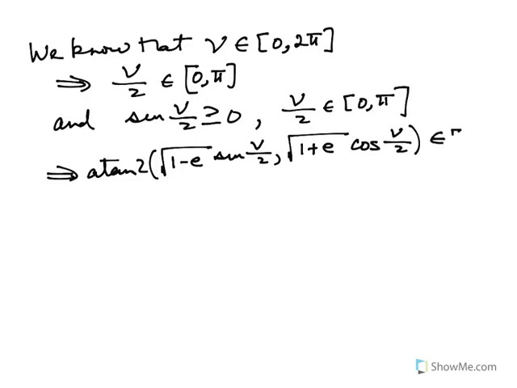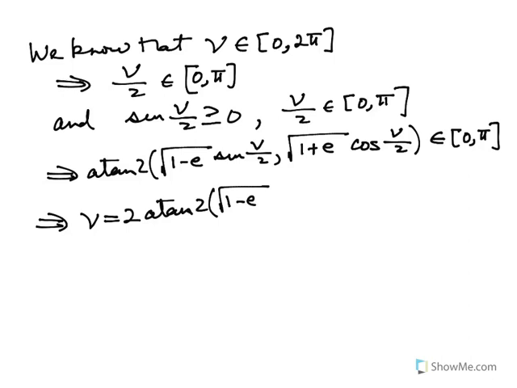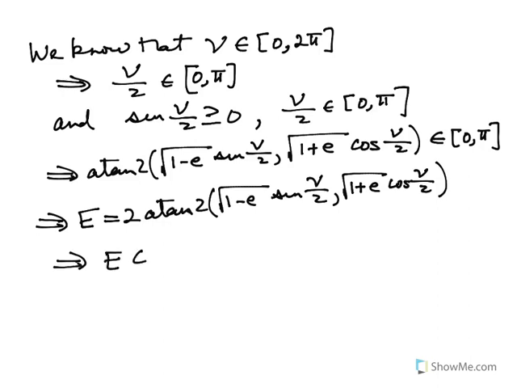That will be on the interval from 0 to pi, which implies that E, which is equal to 2 times a tan 2 of the square root of 1 minus e times the sine of nu over 2, and then the square root of 1 plus e cosine of nu over 2, will be such that E is on the interval from 0 to 2 pi.